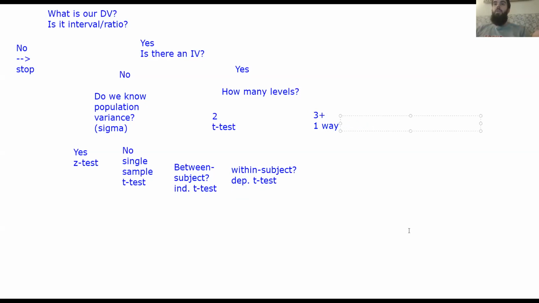And again, we need to ask, is it a between subjects design, for which we'll run between subjects ANOVA?